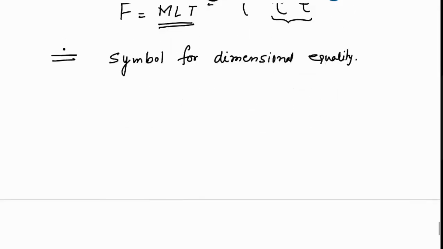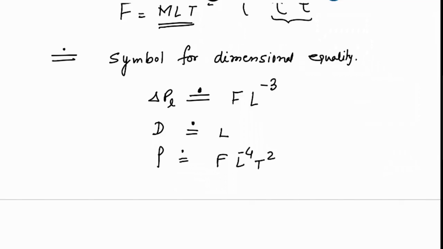So let us try to see what are the different dimensions. What will be the dimension of delta P over L in terms of FLT? Can you give me? Okay, since there is very little time, I am writing here. And then diameter is length, and so this is dimensional equality, FL minus 4T square. You have mu, you can verify yourself.